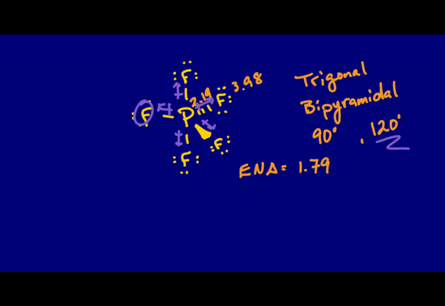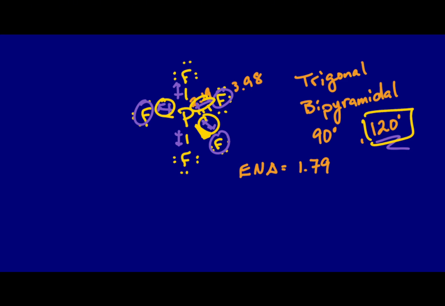So all three of these fluorine atoms, the ones that are on our y value of 0, they all have a symmetric arrangement around phosphorus. So those three dipoles will end up canceling each other out because they have that symmetric angle of 120 degrees.